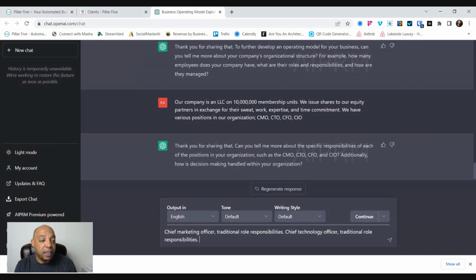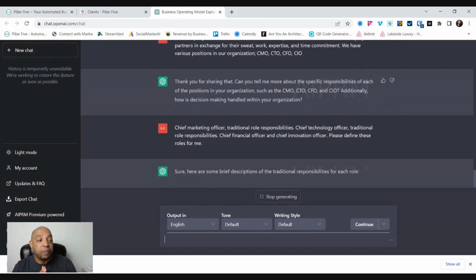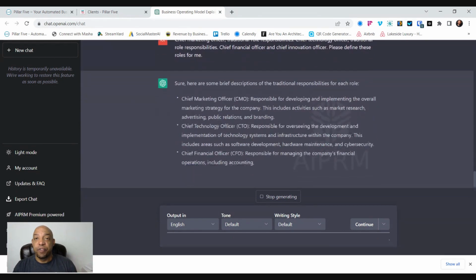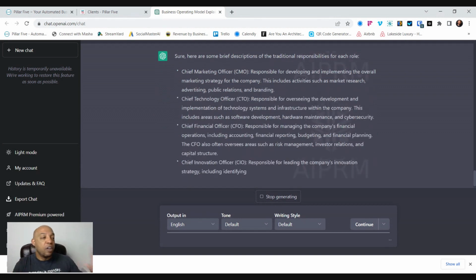Responsibilities of chief financial officer and chief innovation officer. Okay. Please find these roles for me, right? So I'm going to tell her to do that. Here you go. It is going to break it down for me. I don't have to worry about going reading, going looking.